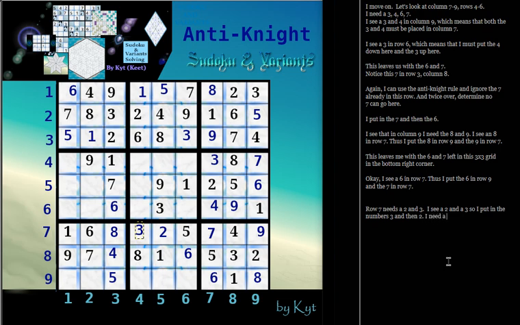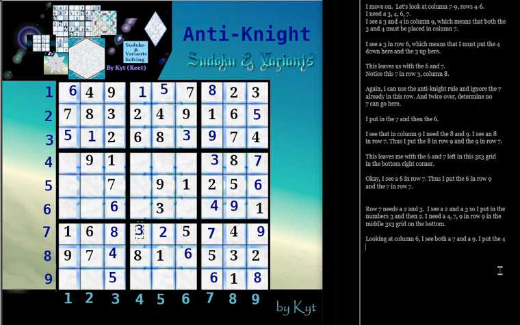I need a 4, 7, and 9 in row 9 in the middle 3x3 grid on the bottom. Looking at column 6, I see both a 7 and a 9.